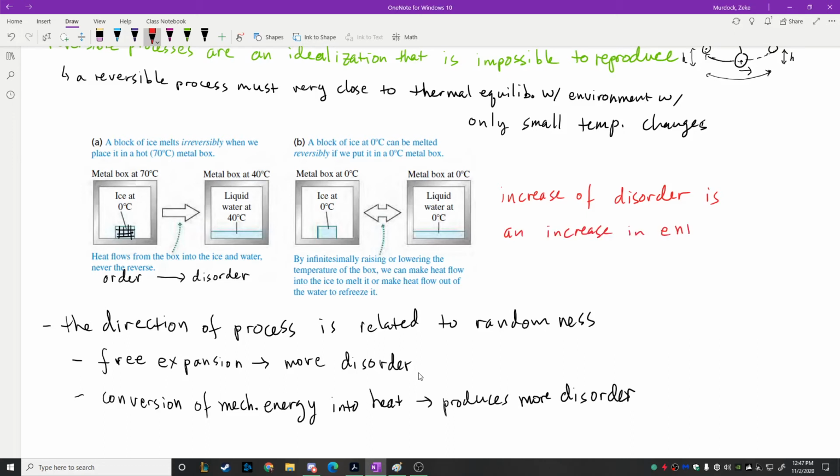In a very simplistic way, we're going to learn more about entropy in this chapter. This chapter, in many ways, is about entropy, and entropy is effectively a measurement of disorder.